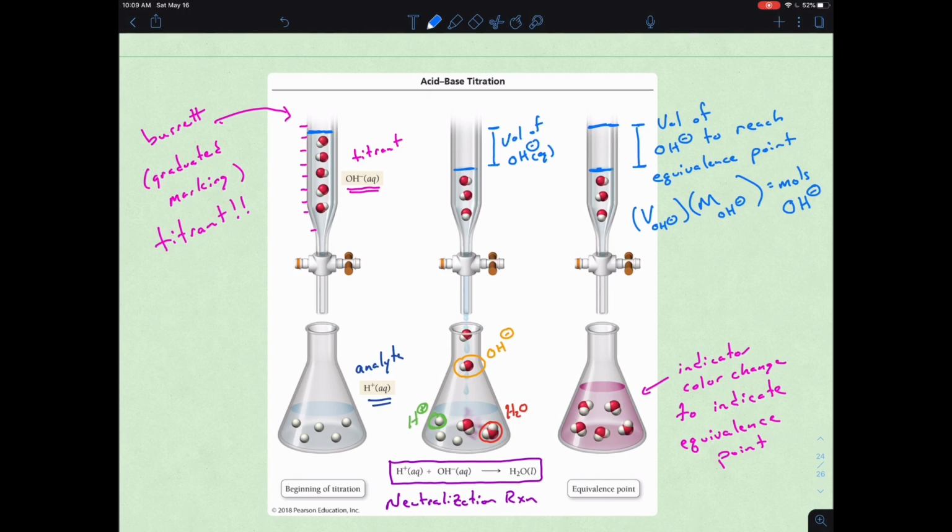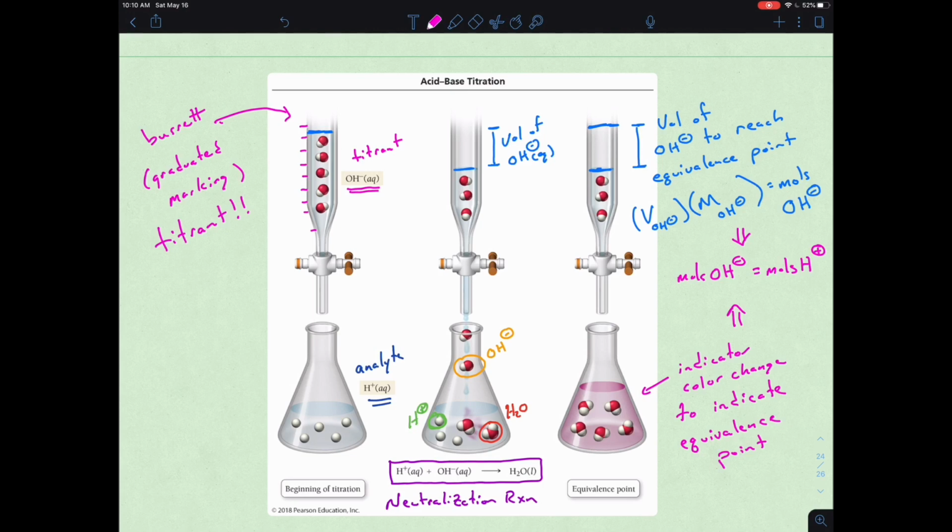At the equivalence point, moles of hydroxide is equal to moles of H+. That's how I can figure out the actual solution concentration.